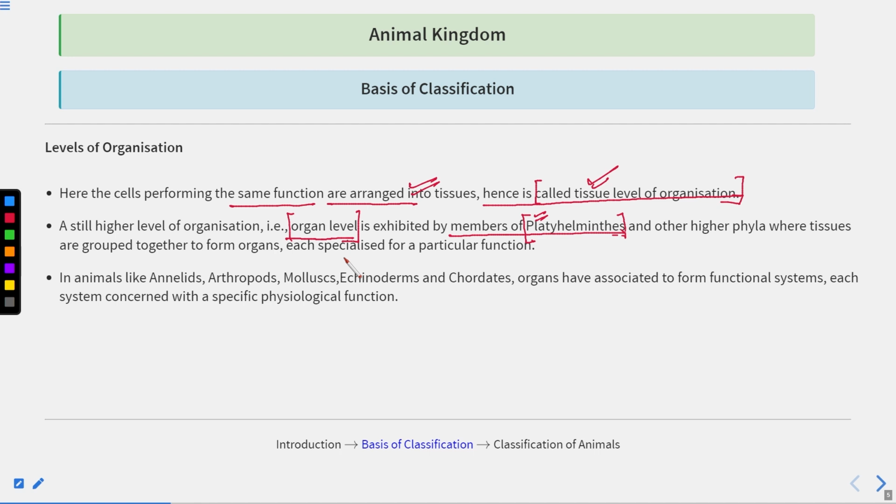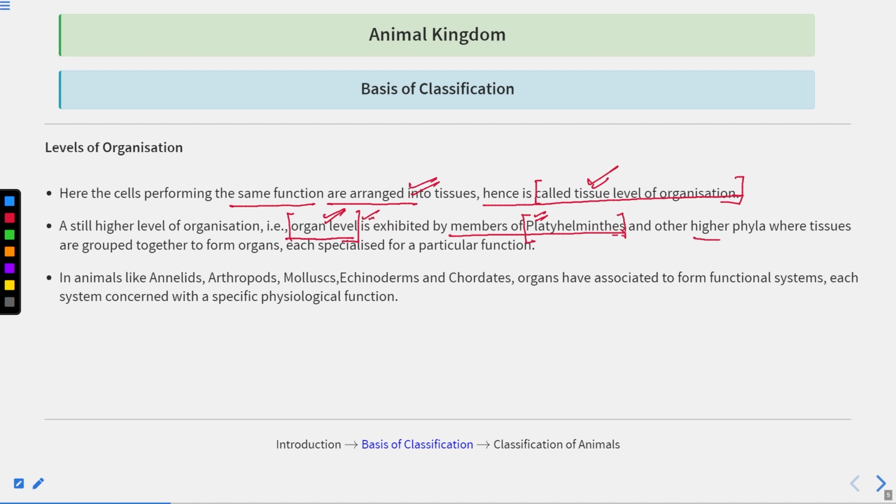So they have different reproductive organs. They have a mouth, they have suckers, right? So now they have an organ level of organization. This is again an advanced feature over the tissue level of organization, which we have seen in the case of Cnidaria, right? So this is again the advanced feature.